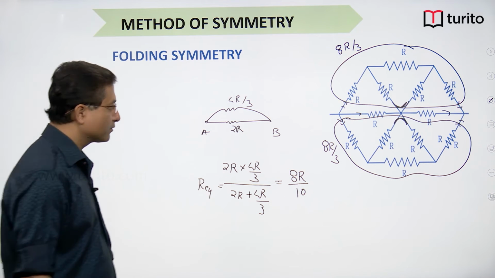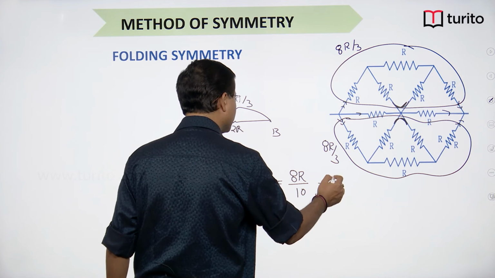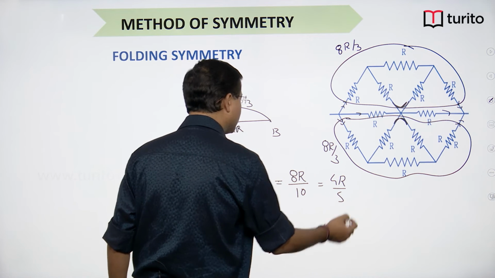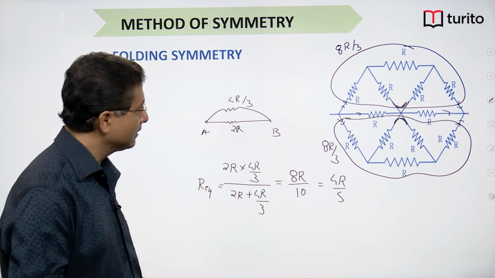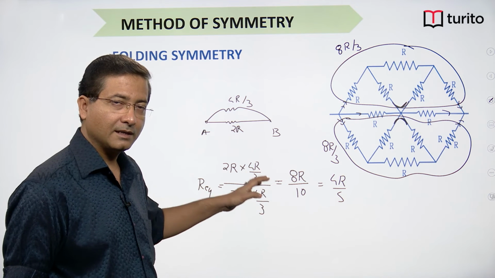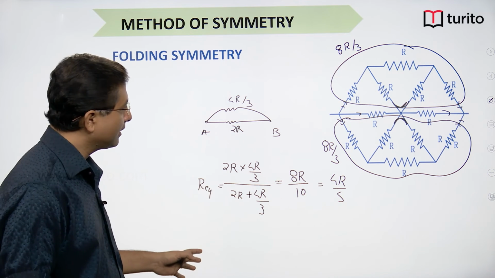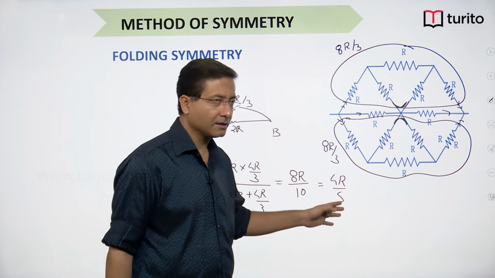So 4R by 5. So as you can see that I solved the same problem by two methods, right, folding symmetry as well as input output symmetry. I am getting the same answer, 4R by 5.